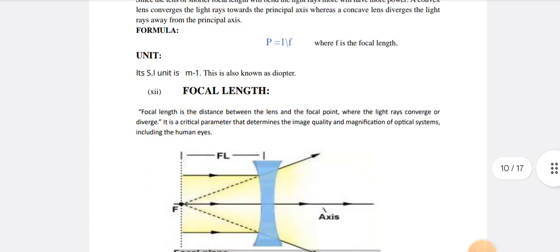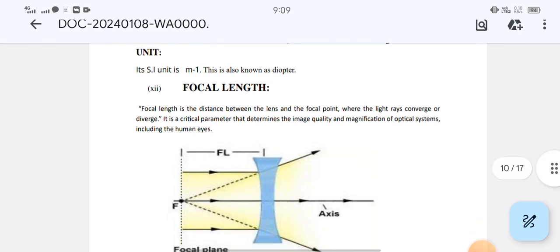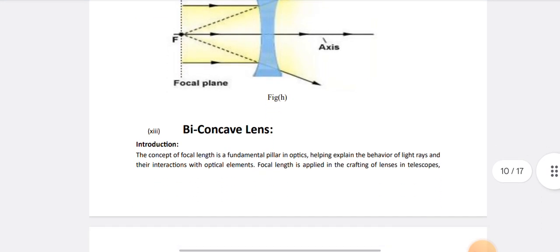Focal length. Focal length is the distance between the lens and the focal point where the light rays converge or diverge. It is a critical parameter that determines the image quality and magnification of an optical system, including the human eye. Biconcave lens. Introduction. The concept of focal length is a fundamental pillar in optics, helping explain the behavior of light rays and their interaction with optical elements.